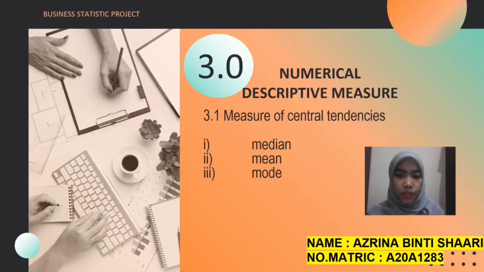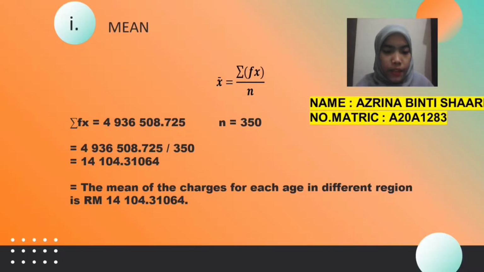Okay, numerical descriptive measures. For measure of central tendency, there are 3: median, mode, and mean. First is mean. The mean is the sum of the value of each observation in a data set divided by the number of observations. This is also known as the arithmetic average. We are going to use this formula, and we got the mean of the charges for each age in different regions is 14104.31064.